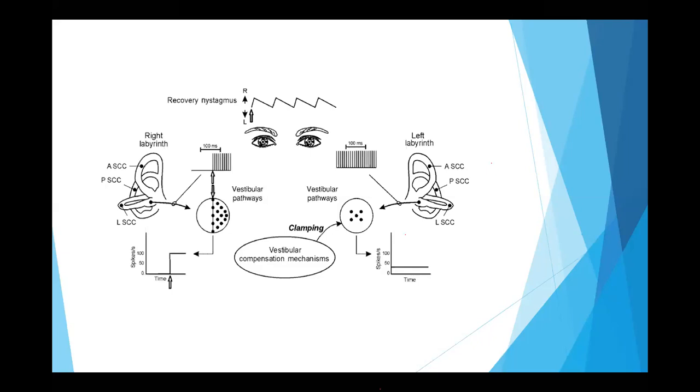Now, when you compare, it looks like the head is turning towards the right side, because the right vestibular nuclei has more firing compared to the left, the normal one. So what happens? The eye will beat towards the opposite side now. The eye will move towards the left side. Here you can see.